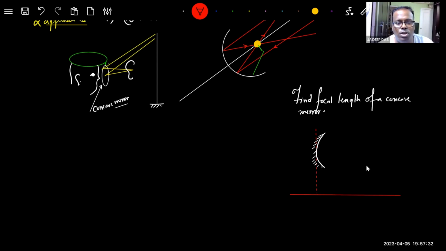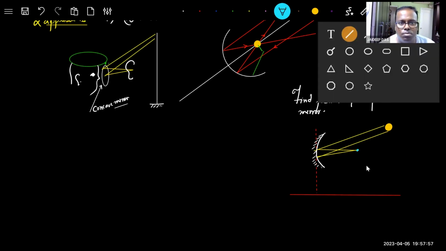And then you keep on moving your source light. Suppose there is a source light. The rays from the light are coming in what manner? They are all coming parallel. So they should all go and meet at the focus. So they have all met at the focus. बस ये आप घर पे भी कर सकते हो.